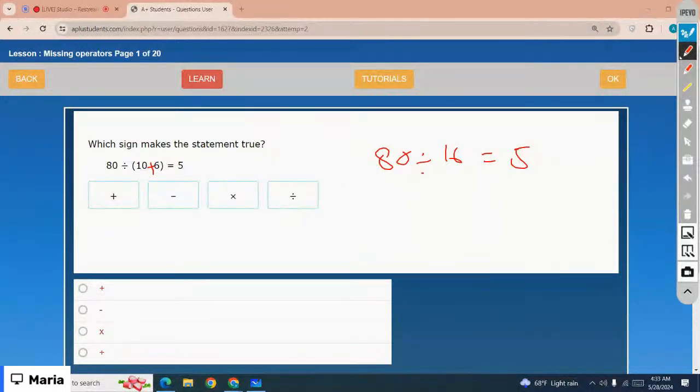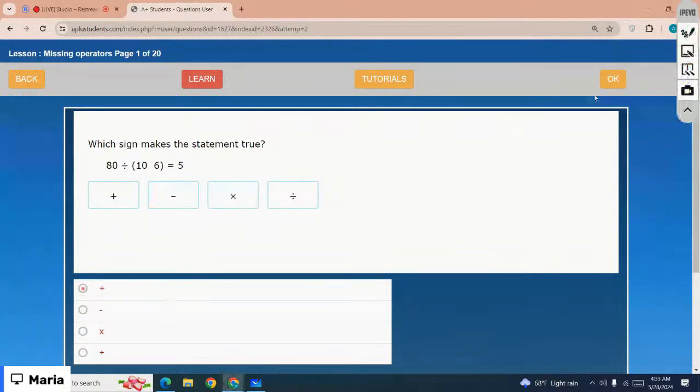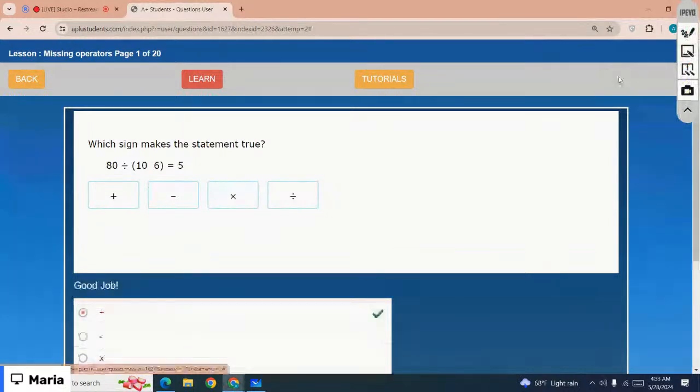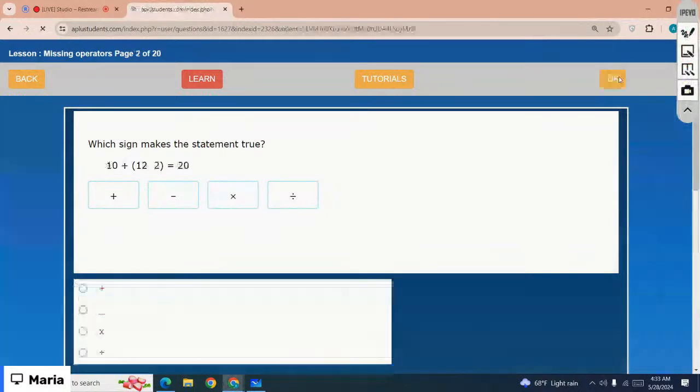Okay, the next one is, which sign makes the statement true? Which is the correct option?